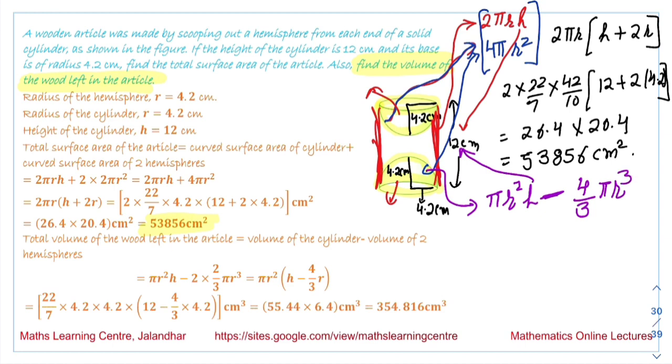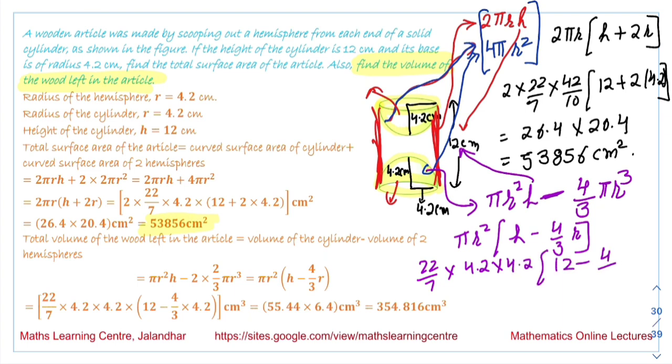On substituting these values in the formula, pi r square is common. We are left with h minus 4 by 3 r. So it is 22 by 7 into 4.2 into 4.2 into 12 minus 4 by 3 into 4.2.